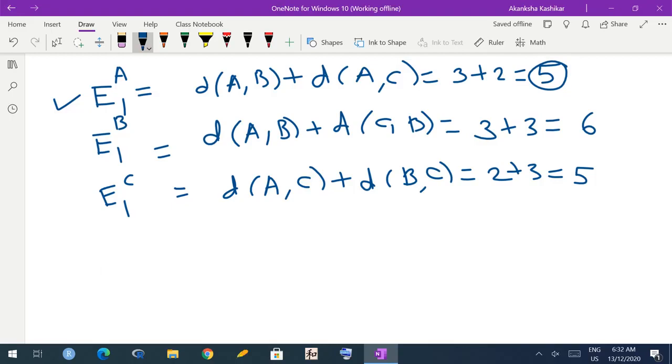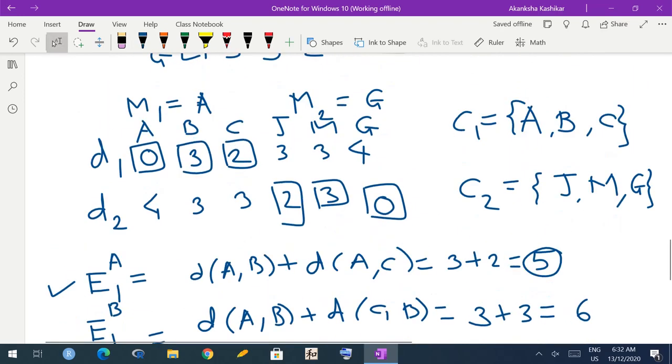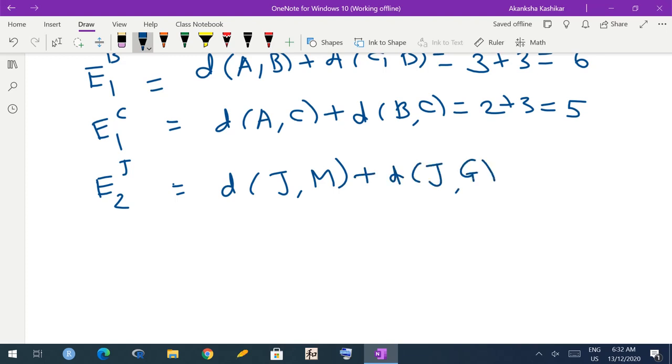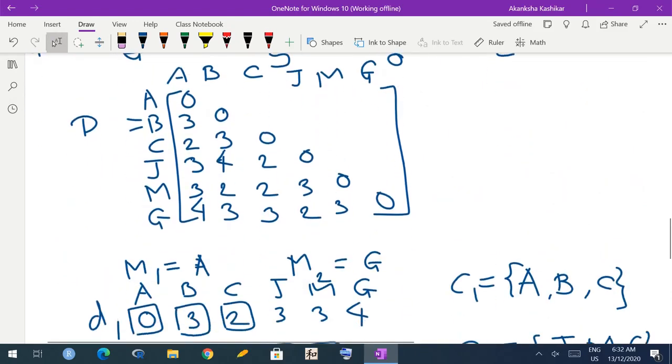Now we have to compute for second group. Okay. So error of second group with respect to, sorry, not apple. Now I have to take members of second group. So jackfruit, mango, and grape. So error with respect to jackfruit. So this would be distance between jackfruit and mango plus distance between jackfruit and grape. So jackfruit mango is 3, jackfruit grape is 2.